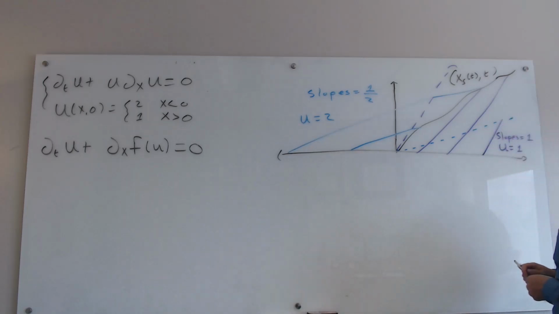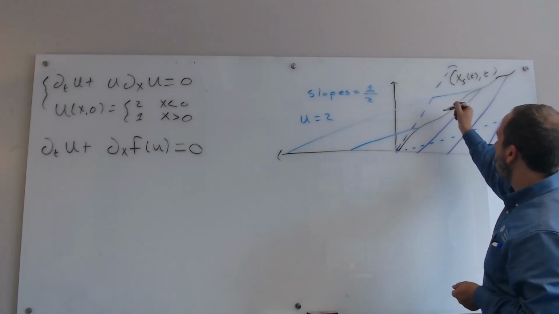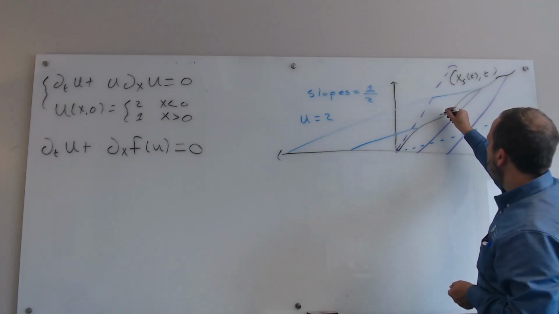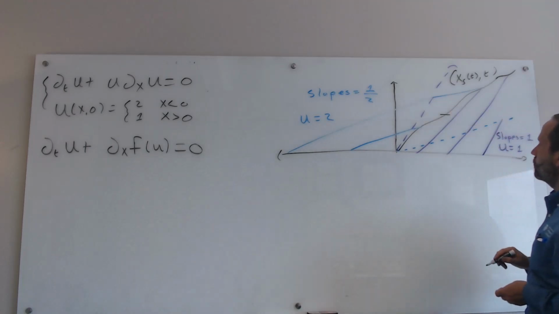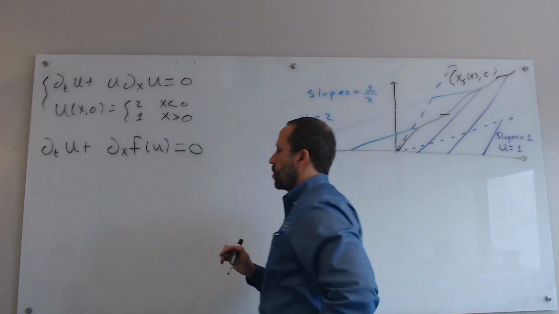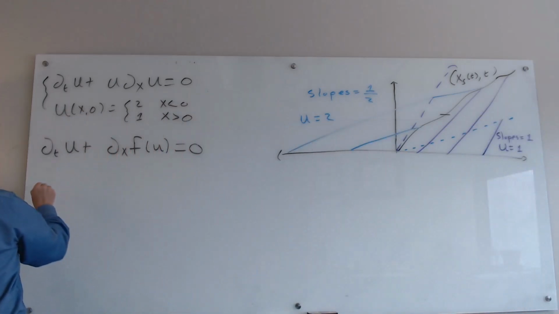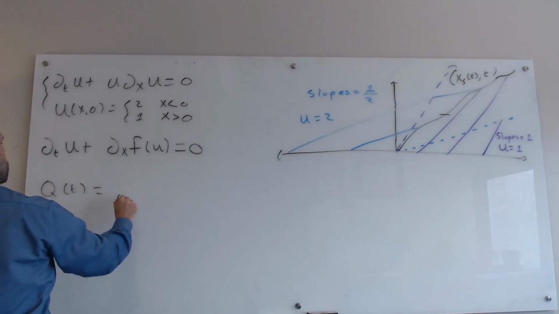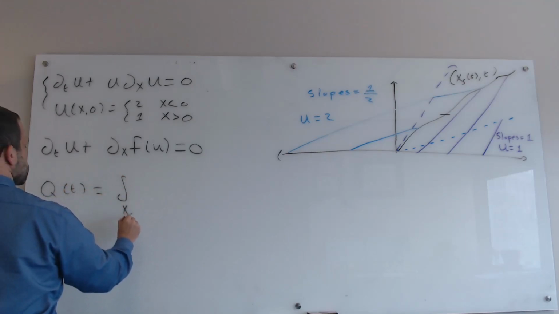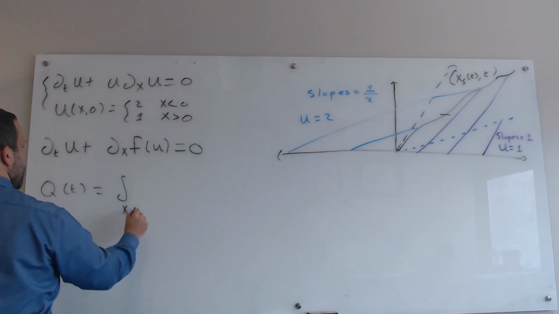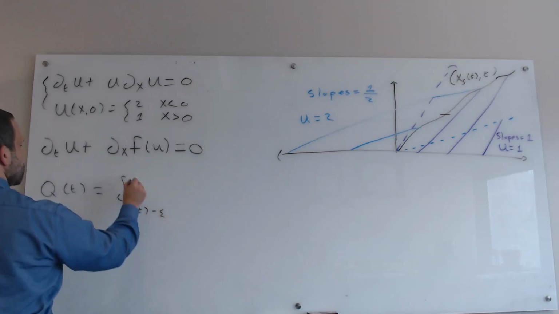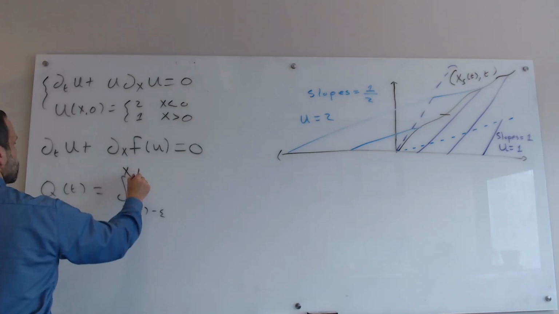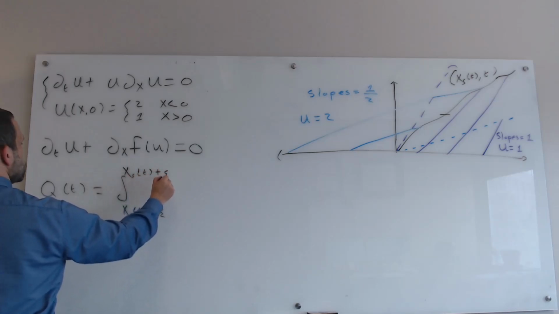So here's what the plan is going to be. We're going to pick a generic value of t, and look at a very short x interval. So we're going to look at the integral, we're going to call it q of t, which is the integral from xs of t minus epsilon to xs of t plus epsilon of u of x, t dx.